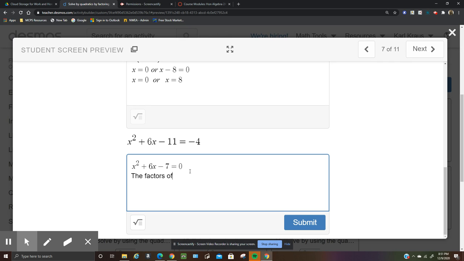And factors of -7 that sum to +6 are 7 and -1.